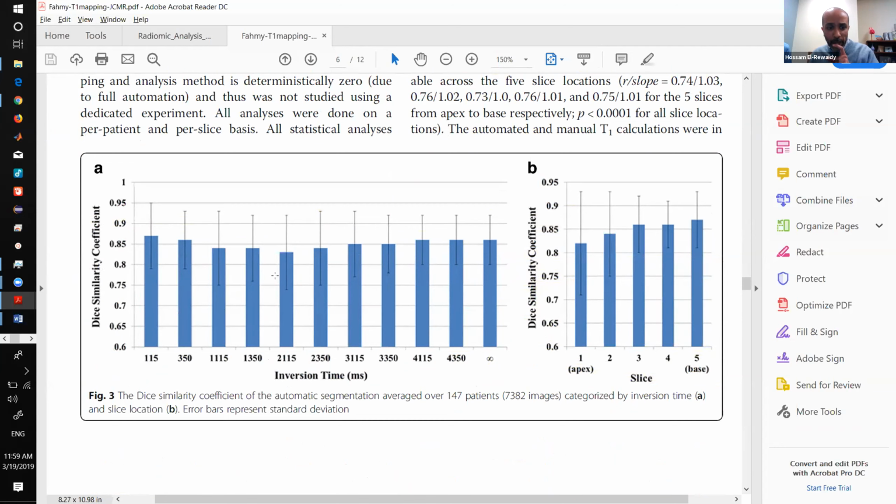As you can see here, we have very good segmentation accuracy, but it's lower a little bit for these inversion times, where there is low contrast between the myocardium and the blood and the background. So we have lower accuracy in segmentation here, and also lower accuracy in the apex compared to the basal and mid cavity slices.